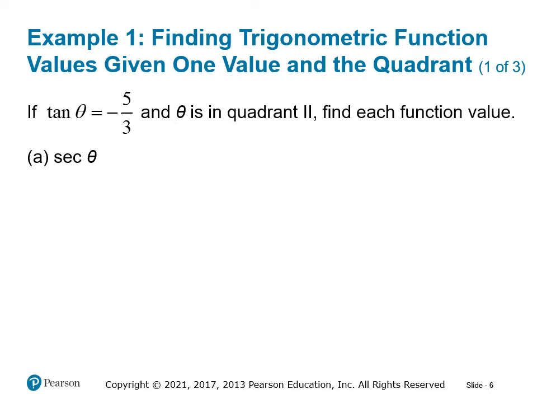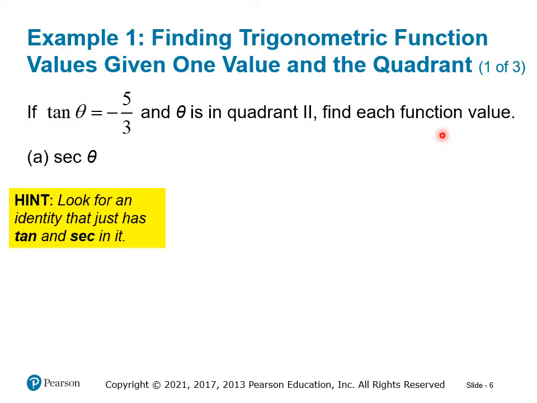So we're going to find a trig function value given one value and the quadrant. We're given that tangent theta equals -5/3, and we're given that we're in quadrant 2. Find each functional value, and there's more than this one question here. The first thing we have to do is find the value of secant.